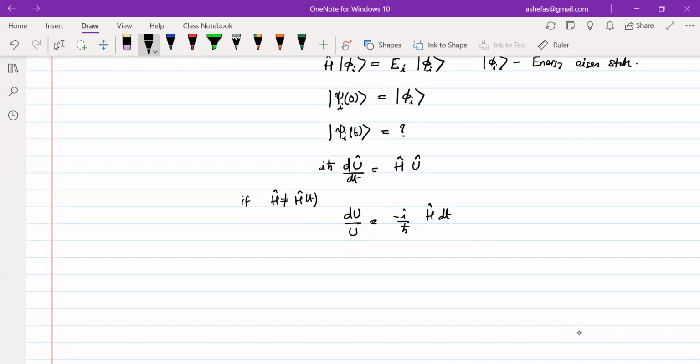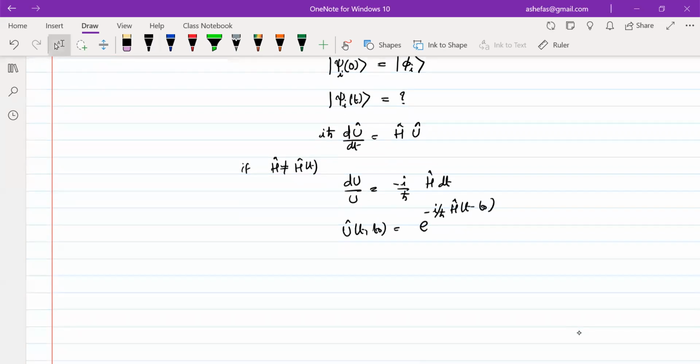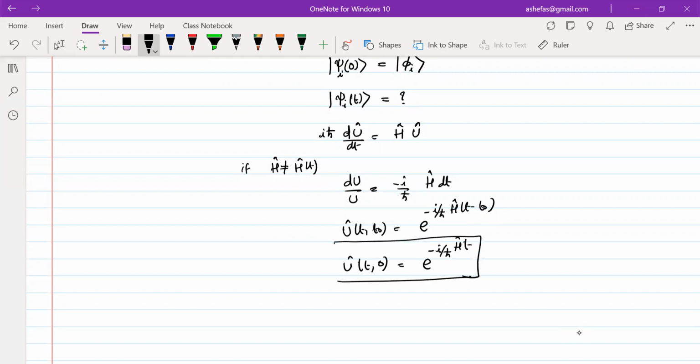If you integrate it from t0, we get U(t, t0) as exponential of minus i/ħ H (t − t0). So U(t, 0) is given as e raised to minus i/ħ H t. This is the explicit representation of the unitary operator if H is not a function of time.